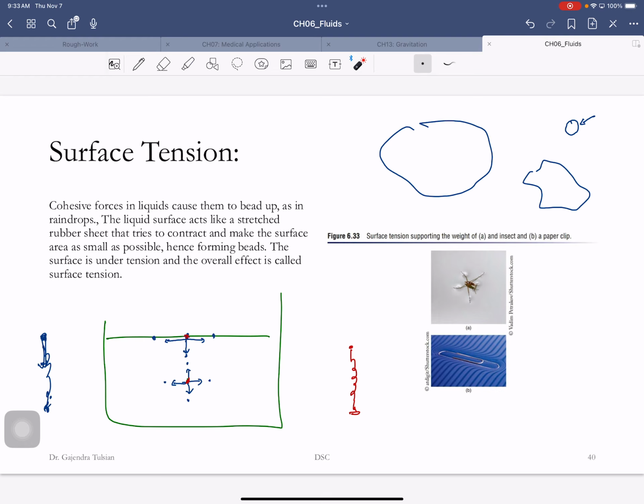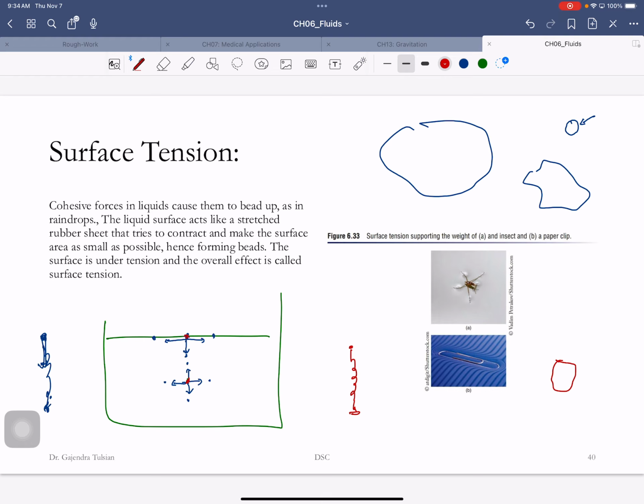So let's say you have a bunch of water. It costs you money to put a molecule on the surface. So what is it that you want to do? You want to spend the least amount of money. You want the least number of molecules on a surface. Did you guys understand that? So if you have a raindrop falling, if it's a small drop, it will be a spherical drop.